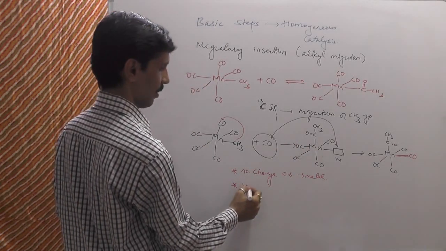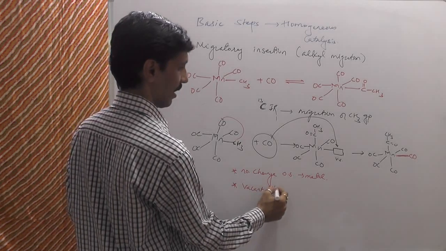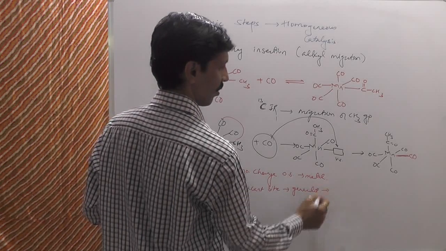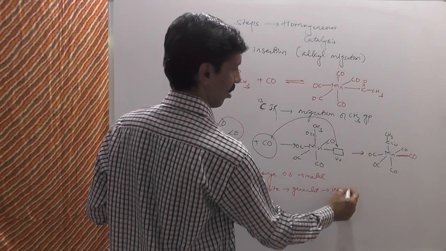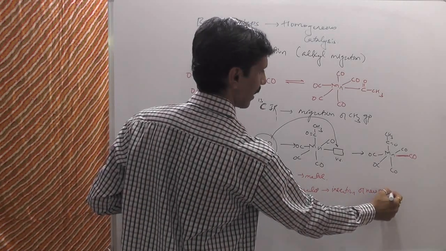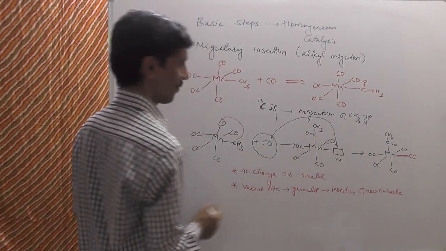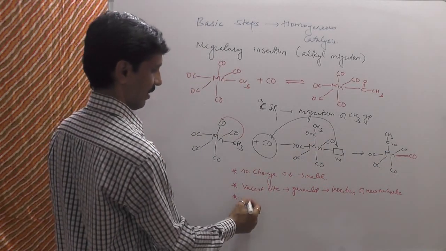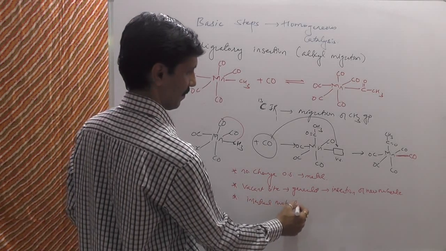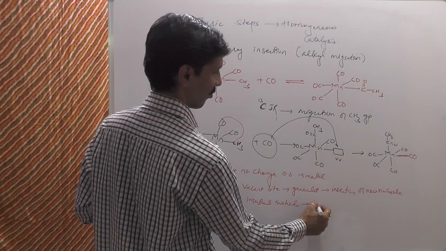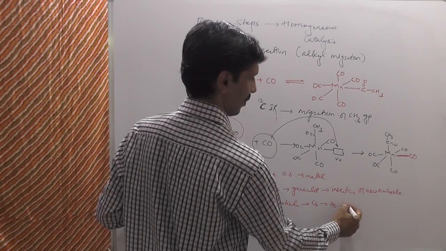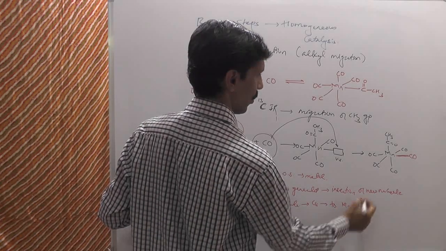Point number 2 is that the vacant site has to be generated for the insertion of the new molecule. It can be a ligand or it can be a simple one. And the inserted molecule is going to be cis to the Mn-C(=O)CH3.